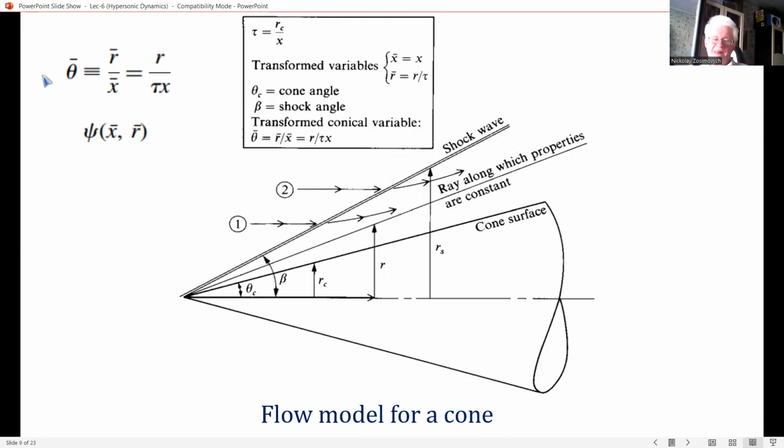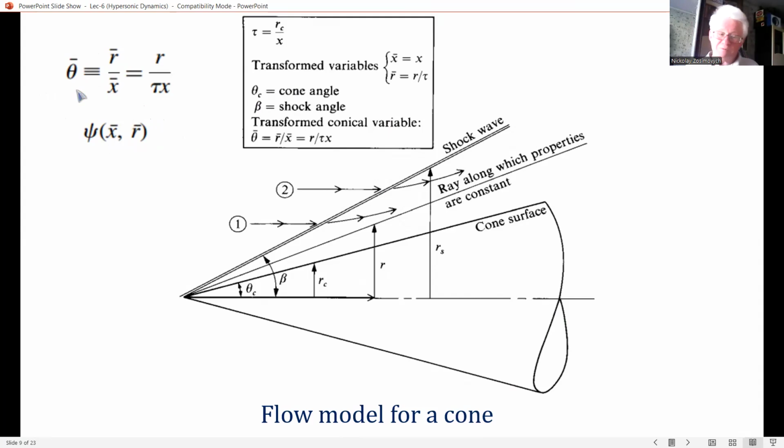In addition, for conical flow, the stream function psi, depending on two variables only, can be expressed as a function of x average and theta average. Yes, because we remember that r average will be x average times theta average, okay?